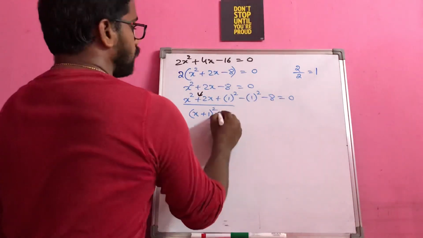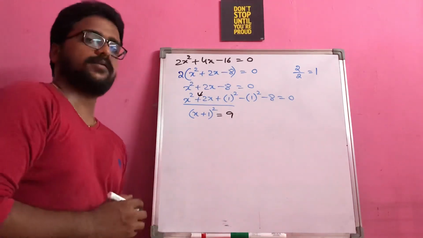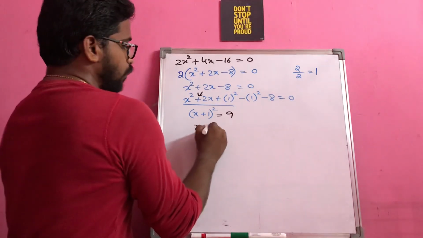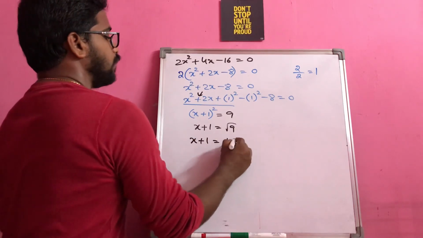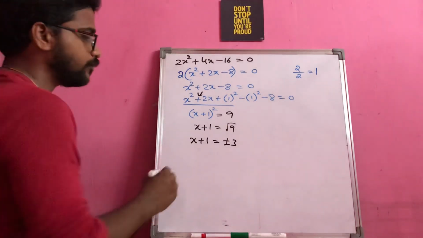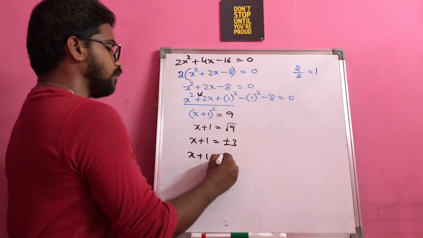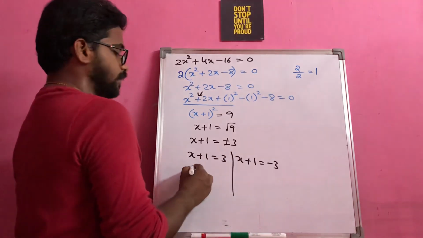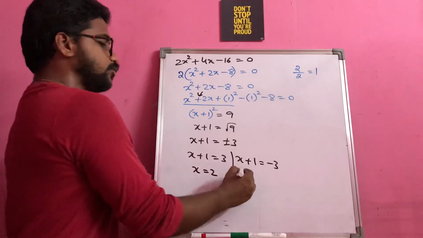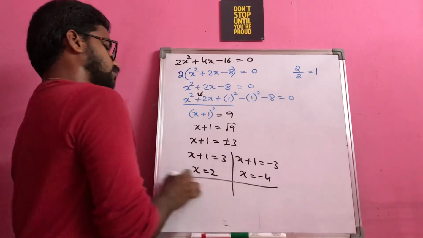Send these terms to the other side, I will get 1 + 8 = 9. So x + 1 = √9, x + 1 = ±3. First case, x + 1 = 3, second case, x + 1 = −3. x = 2, x = −4.